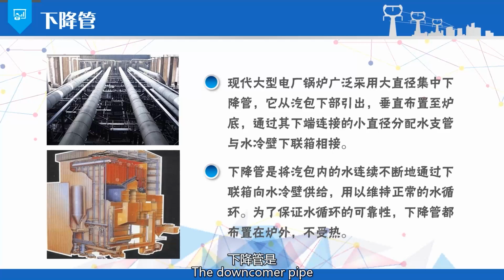The downcomer pipe continuously supplies water from the steam drum through the lower header to the water-cooled walls to maintain the normal water circulation. To ensure the reliability of the water circulation, downcomer pipes are all arranged outside the furnace and are not heated.